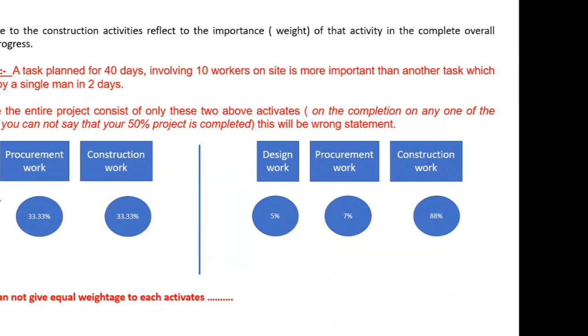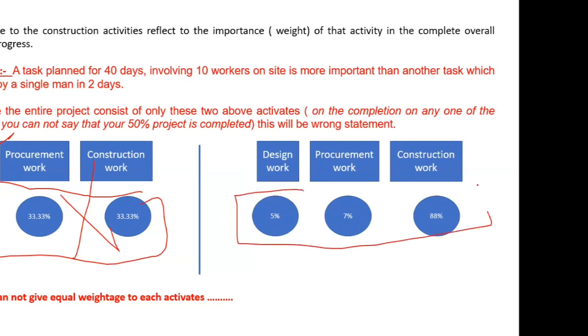And now coming back to this picture, if you have these three activities, you need to know that this is not the correct way to divide the weightages. You cannot say that if design work has been completed, your project progress is 33.33%. This is the correct way you should divide the weightage. So you can say that if design work has completed, my progress has achieved 5% progress.